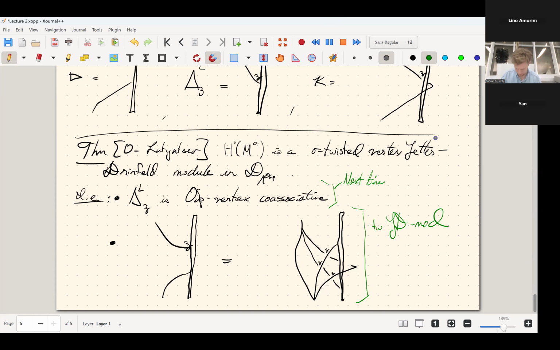So in the end, as we discussed, you can replace the line C by maybe a more general curve and get some kind of factorization algebra structure. But this is just on the algebra side. Roughly you replaced CoHA by some factorization algebra, but what's on the module side? How to think geometrically?